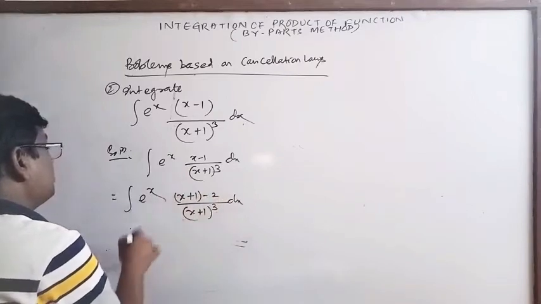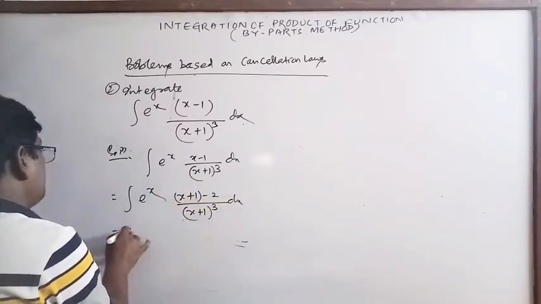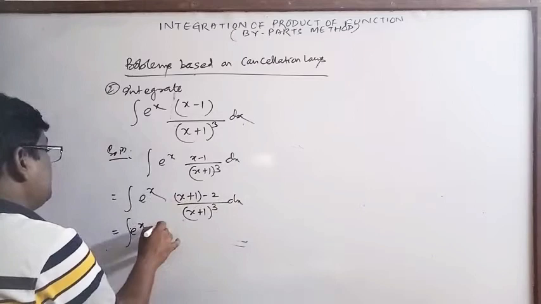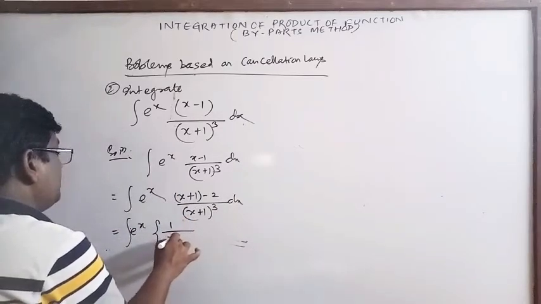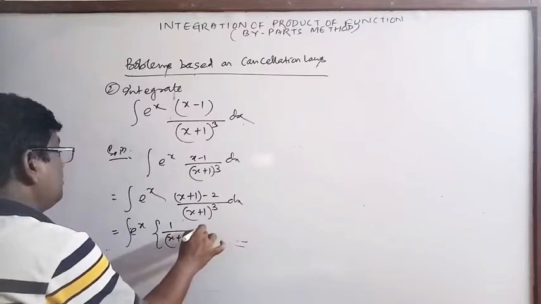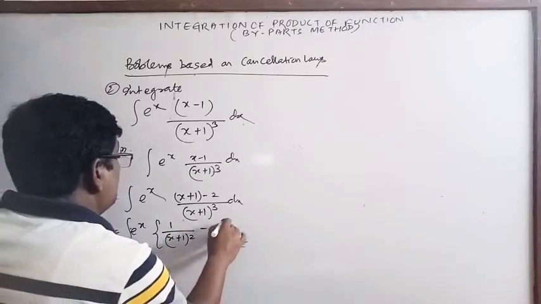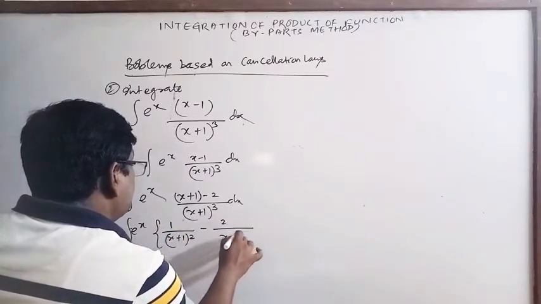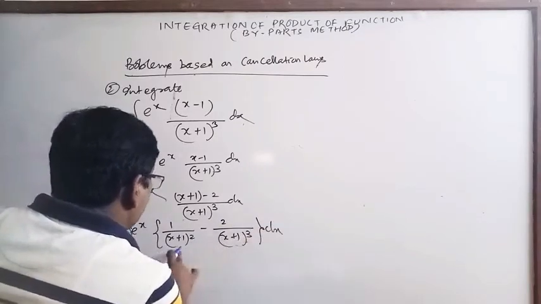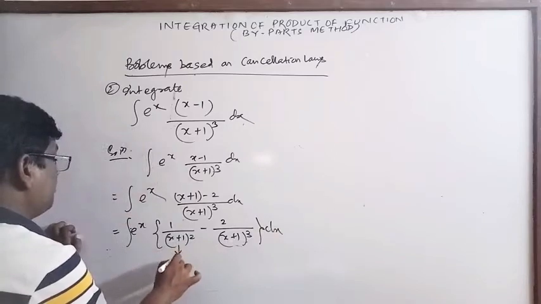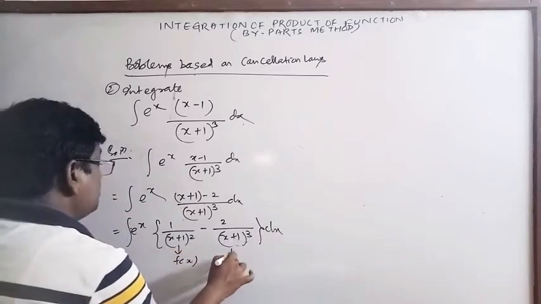We will split the part. Okay, so e to the x integration, separating, we get 1 by x plus 1 whole square minus 2 by x plus 1 whole cube into dx. This one is the derivative of the other. So this is f of x, this is f dash x.